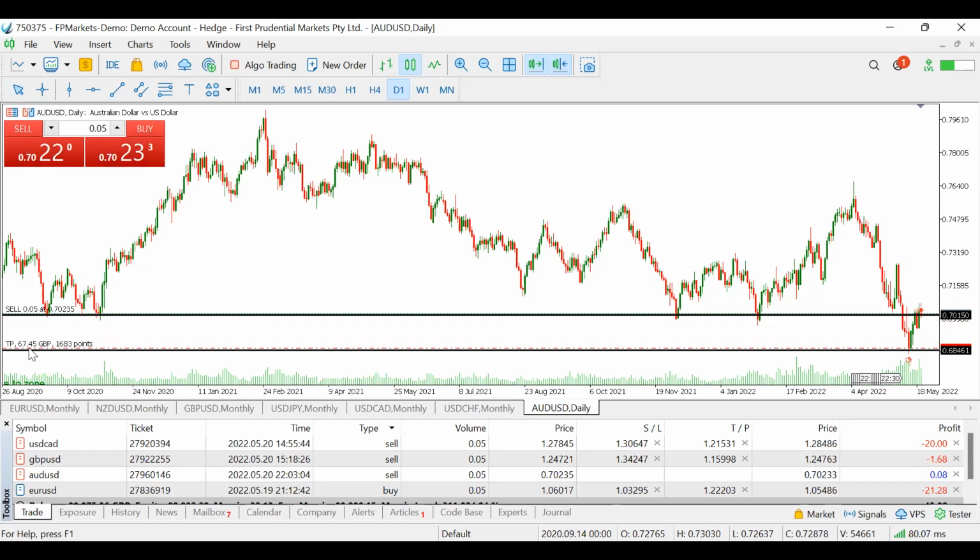Don't be too greedy. Then you're going to pull up to a previous point. Now this is going to be a stop loss. Hover again until you see the vertical line.